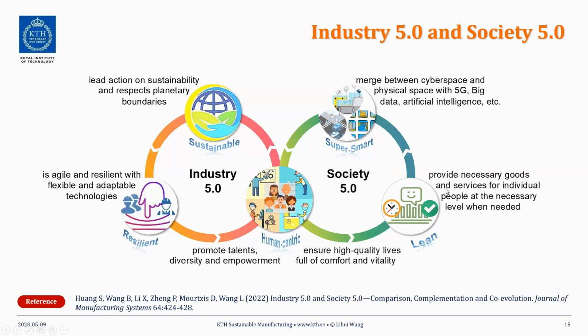In order to realize this aim, they use super smart technology. It merges cyberspace with physical space, with 5G, big data, artificial intelligence, and so on. So those are the three elements of Society 5.0.